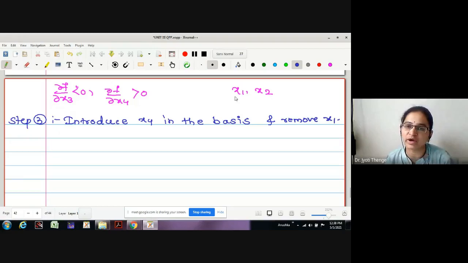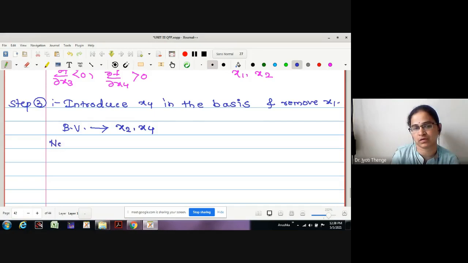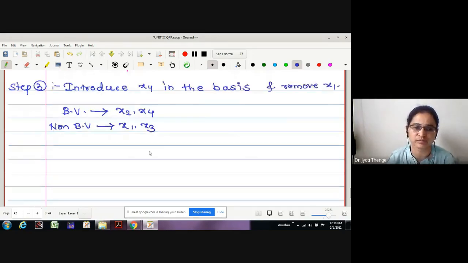One can remove x1 or x2, either. Here we are removing x1. Therefore, which are the basic variables under consideration now? x2, x4. And what are the non-basic variables then? x1, x3. Is it clear?